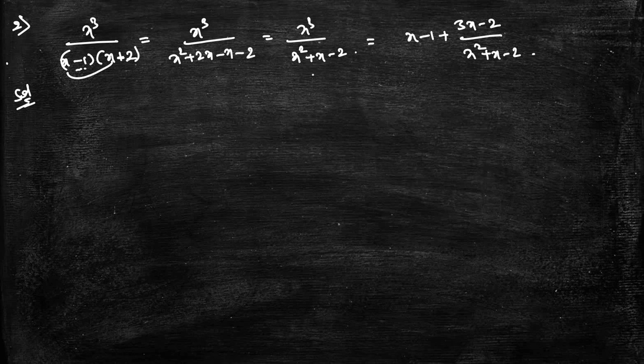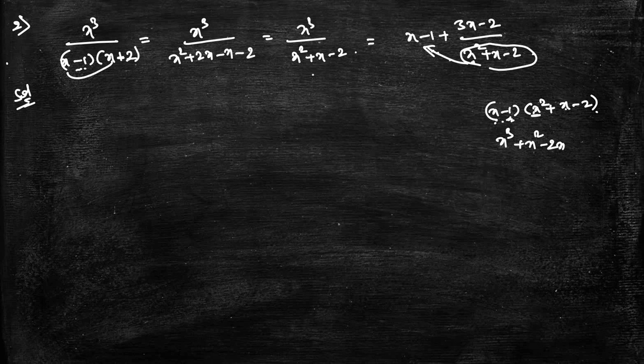So I will explain how I write this. If I multiply the denominator by x minus 1, so x minus 1 into the denominator x square plus x minus 2, I will do this. x into x square is equal to x cube, and x into x is x square, x into minus 2 is minus 2x.